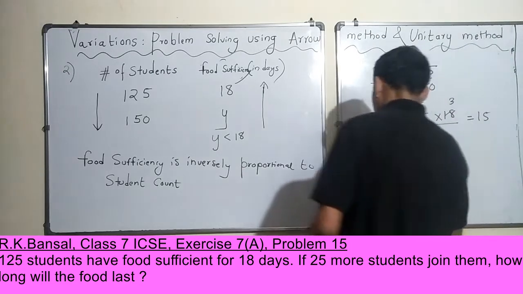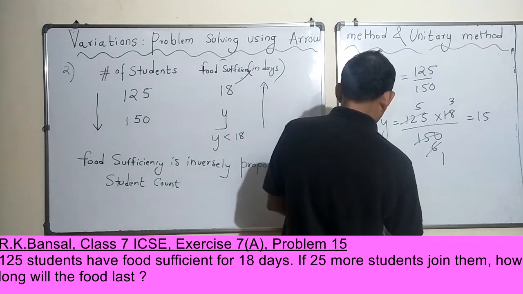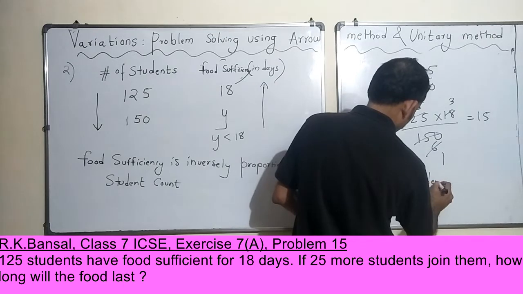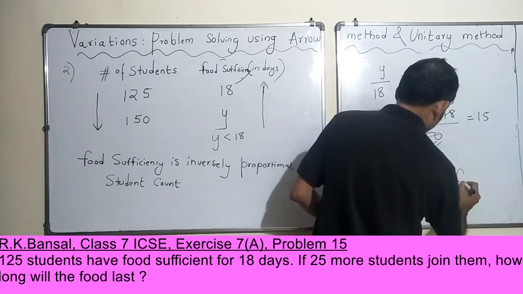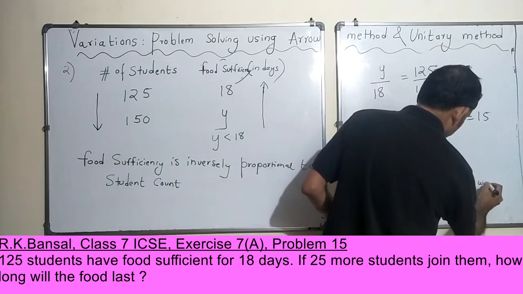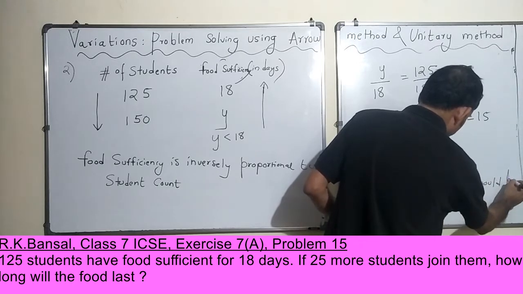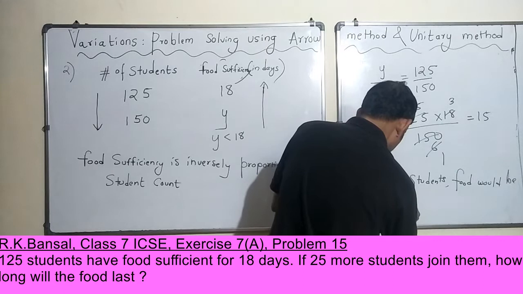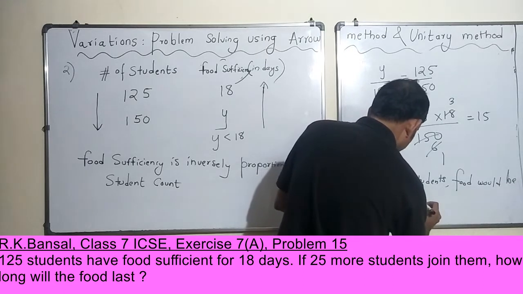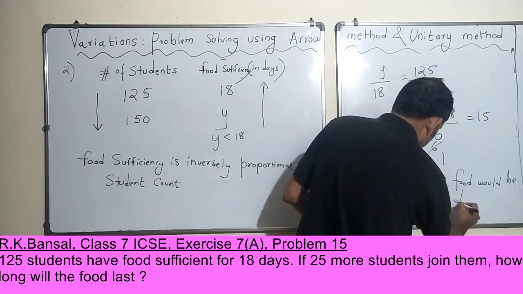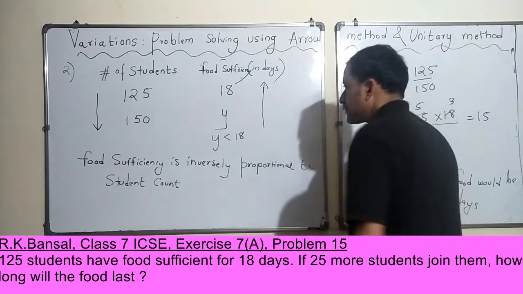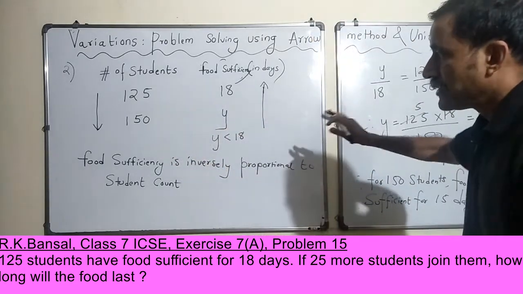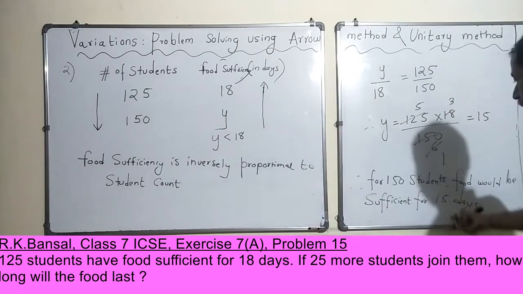Therefore, for 150 students, food would be sufficient for 15 days. So if 25 more students join and the student count is 150, the food would be sufficient for them for only 15 days.